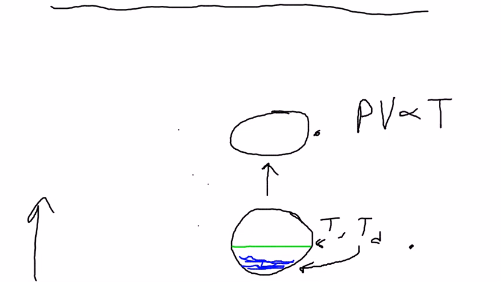So as pressure goes down, temperature goes down, because those are proportional. So what that means is, as this parcel rose from the ground to higher up in the atmosphere, it cooled.